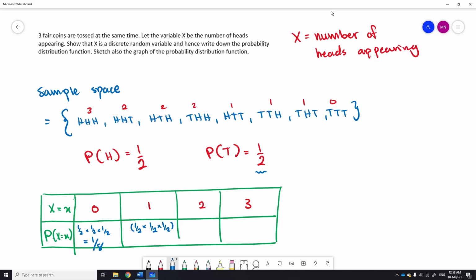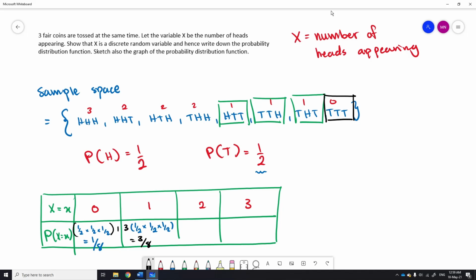Since there are 3 ways of only 1 head to appear, we have to multiply this by 3. So then we have the probability is 3 over 8. Before, where there is no head appear, there is only 1 possibility, so that is why we only multiply it by 1.